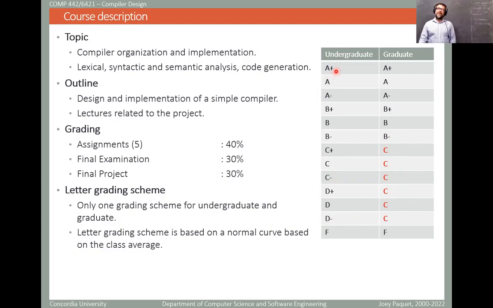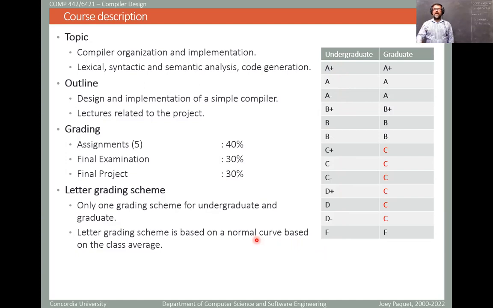How do I calculate the letter grades corresponding to the numeric grades? It's very important to realize that there's no fixed grading scheme. For example, there's no such thing as A+ is 85 and plus, A is 90 and plus, and so on.